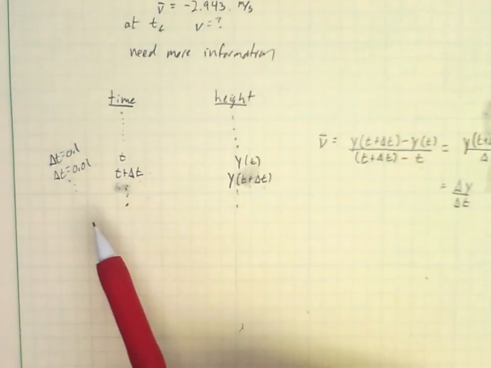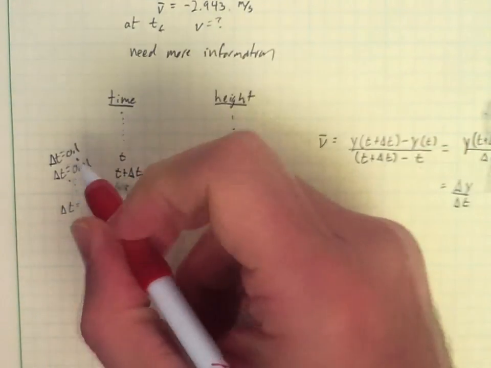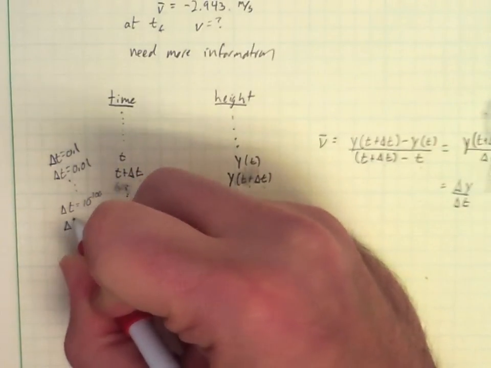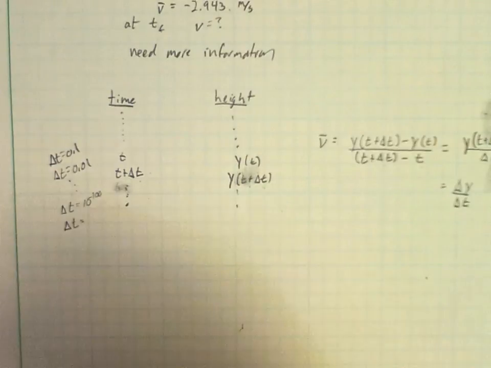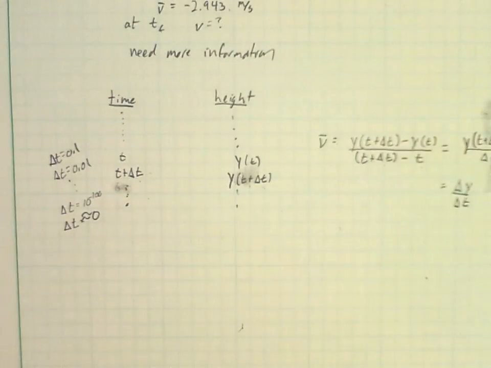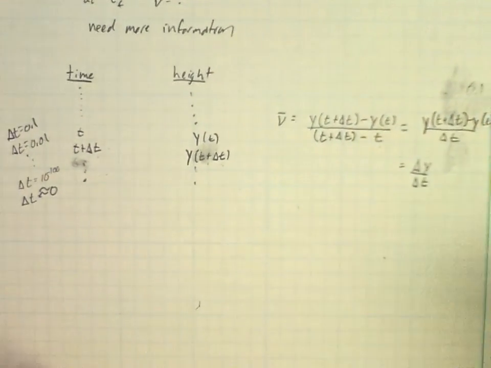So if we kept going on this forever, what would happen if delta t went to 10 to the minus 100? Essentially, what if we made delta t almost 0, where we can barely see it? Well, that gets into the last concept that we talked about, which is the idea of a limit.